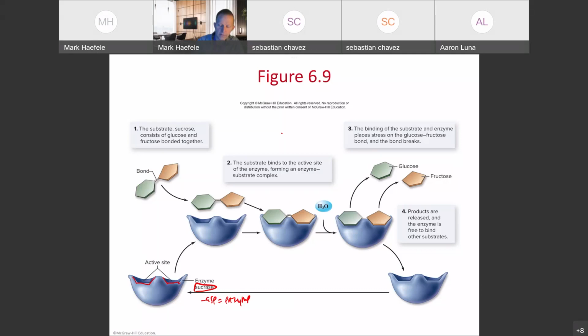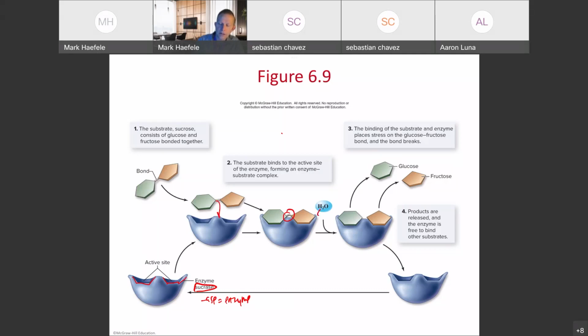For the sake of illustration, we make it a lock and key sort of format. But essentially, this active site is designed to fit only sucrose, which is table sugar. When the sucrose comes in, it settles down into this active site pocket. As soon as it settles down in there, notice it's already starting to distort those bonds.